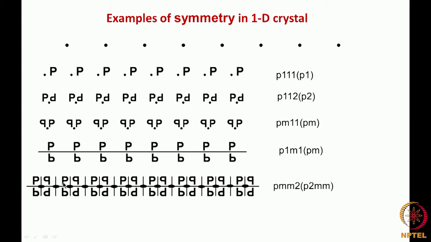So, around every lattice point it is there. In addition, in between also a similar type of symmetry gets repeated. So, the symmetry which it has is now PMM2, or it is generally written as P2MM, okay. This is how generally it will be written.